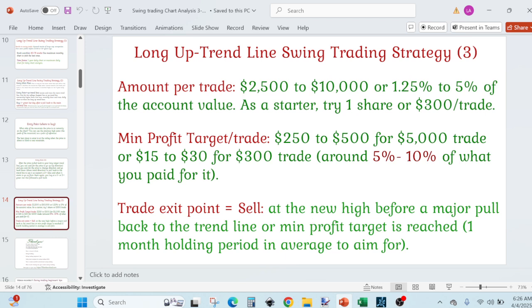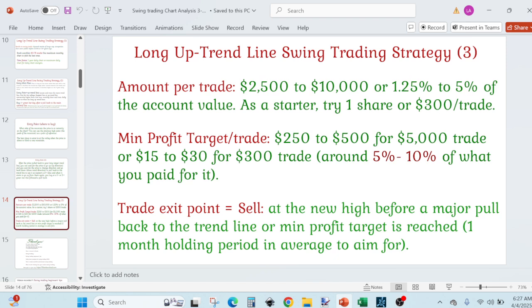Just start small, one share at a time, or $300 per trade, or $100 per trade. If that $100 meets the minimum requirement to open a brokerage account with a good brokerage firm, or a Roth IRA with a good brokerage firm if you have a job, and that $100 is enough to buy one share of a stock from your watch list, that's all you need to start.